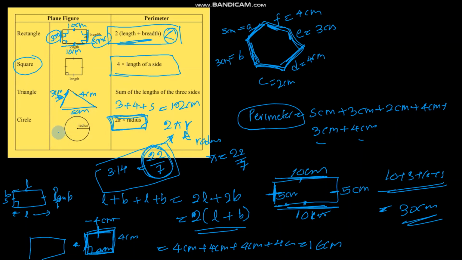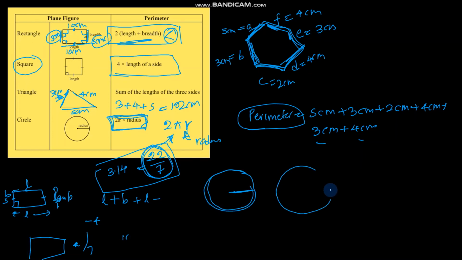So let's take a bit of an example. First of all, let's clear these things out again. So this is your circle. What you have to do is find the length from this point all the way around to this point. That is the meaning of the perimeter of a circle, right?